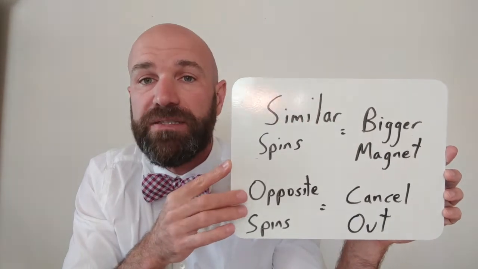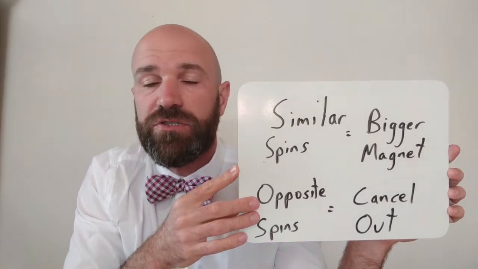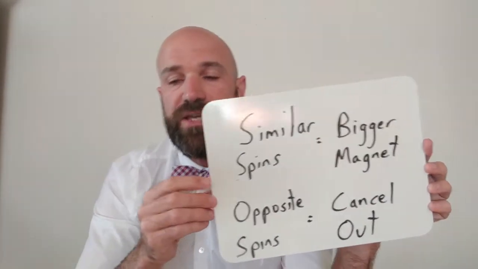If they're opposite spins, then they'll just cancel each other out. It turns out that in almost all atoms, with the exception of a few, the electron spins cancel out. So you would think, since each atom has moving electrons and spinning electrons, that each atom would be its own magnet. Turns out that's not the case. The individual charges that are moving are creating a magnetic field, but as a whole, those magnetic fields cancel each other out.